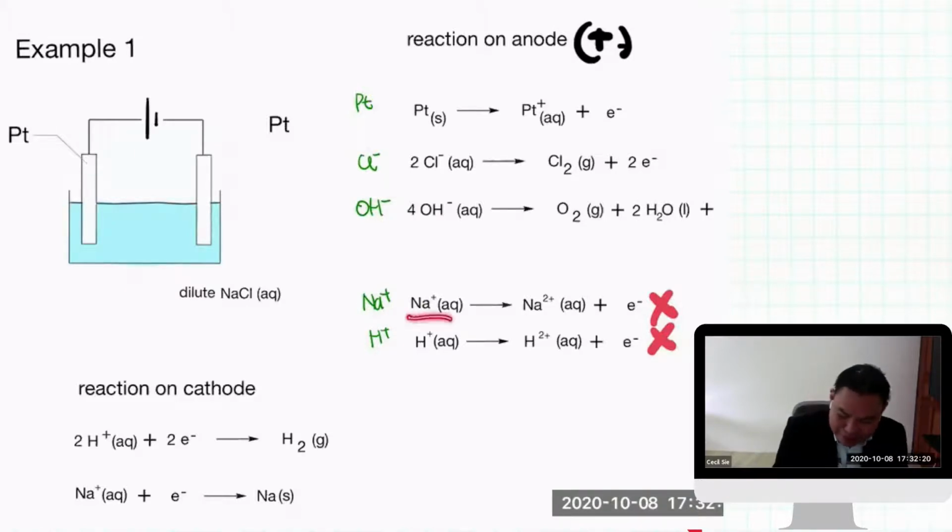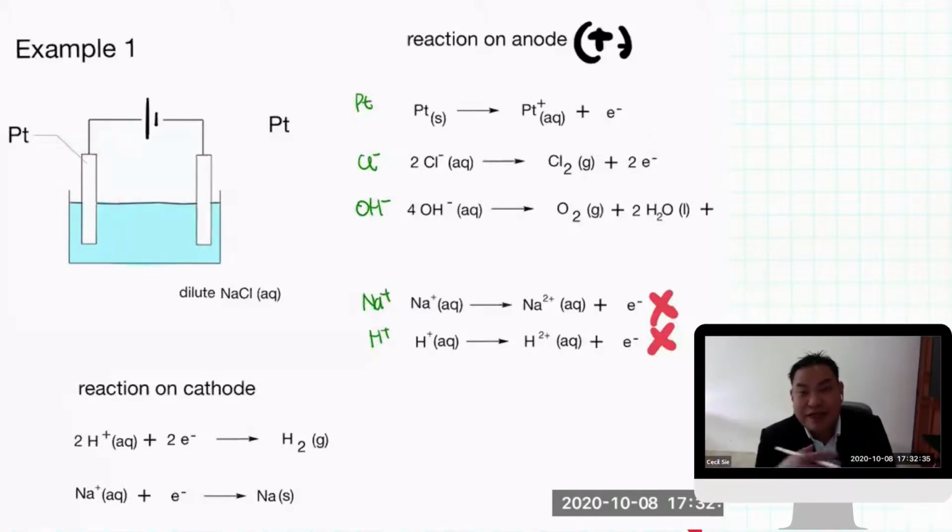And if you notice the reaction, Na plus turn into Na2 plus. Impossible. This platinum, this anode here is connected to the positive, and as a positively charged metal, it has a tendency to take out electron from the neighboring molecule or ions or atoms.